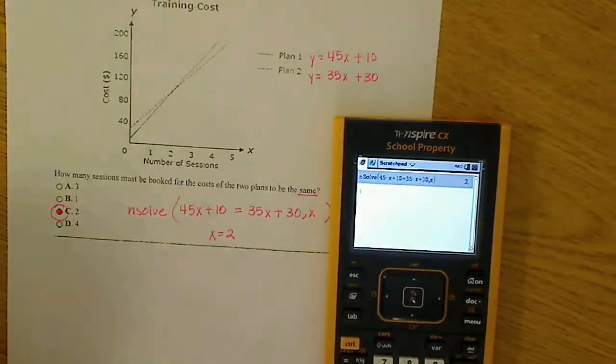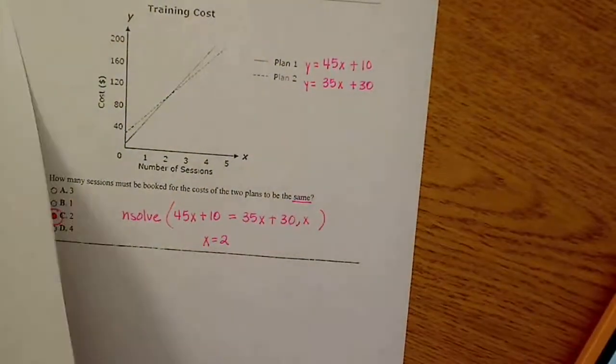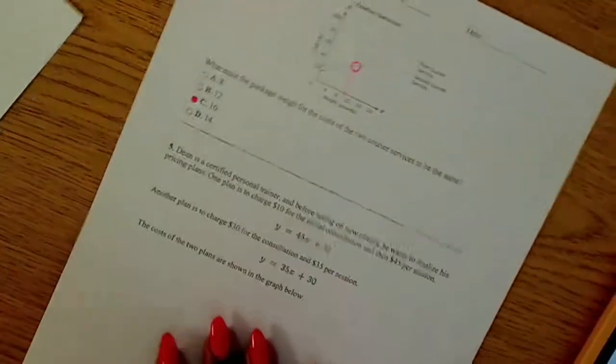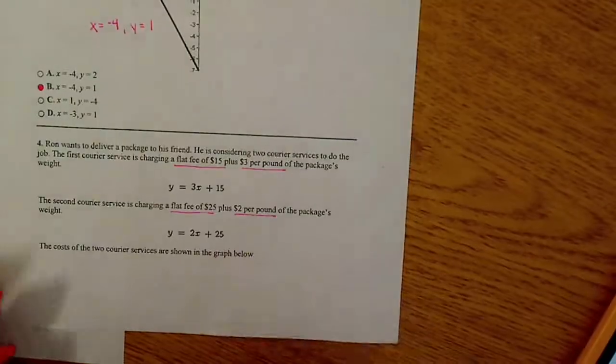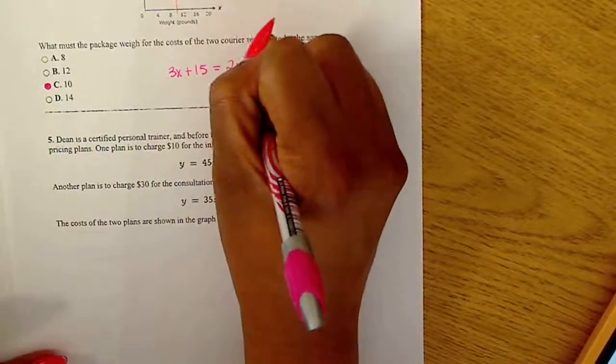And real quickly, I want to go back to our previous problem, number 4, where it was talking about the couriers. And it had y equals 3x plus 15 and then y equals 2x plus 25.